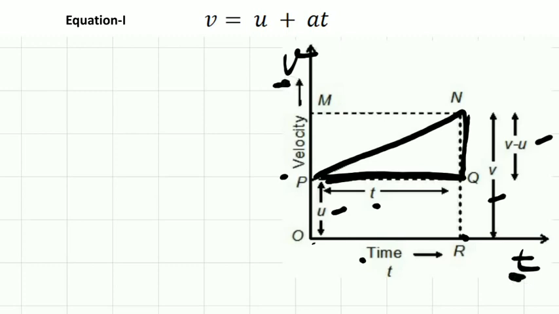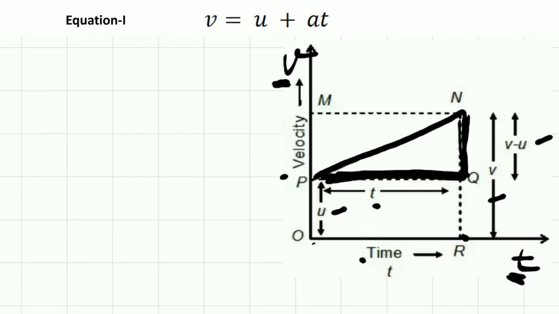The slope is height upon distance. Height upon distance is called slope, and the slope of velocity time graph is acceleration. So when we calculate the slope in case of velocity time graph, that will be acceleration.